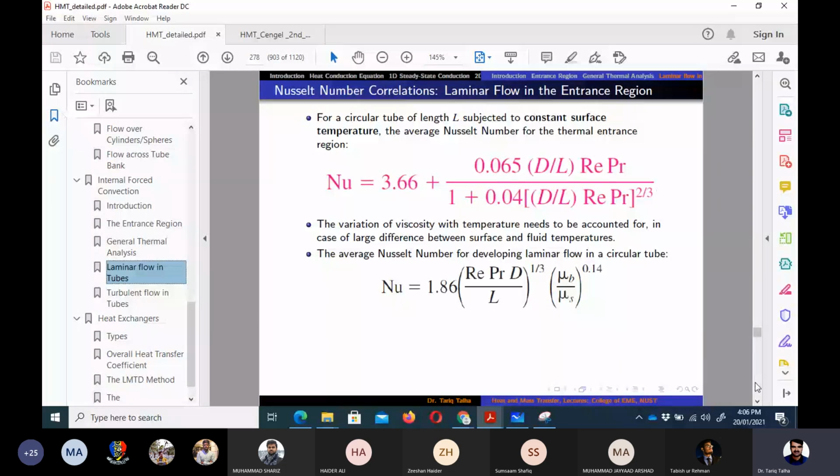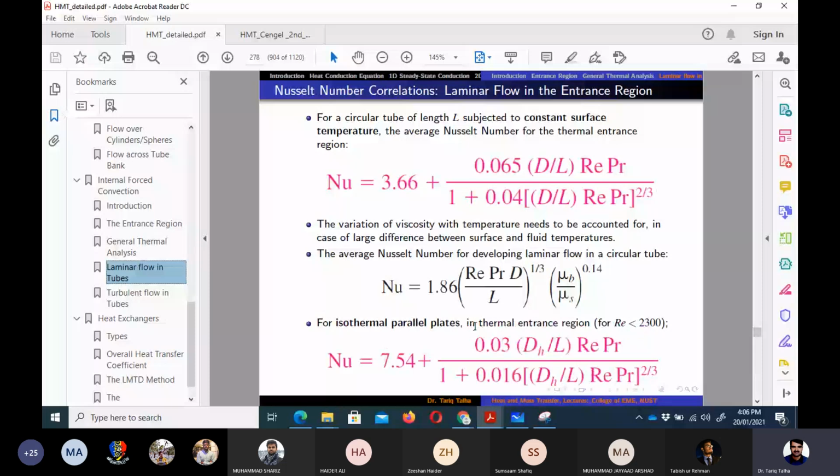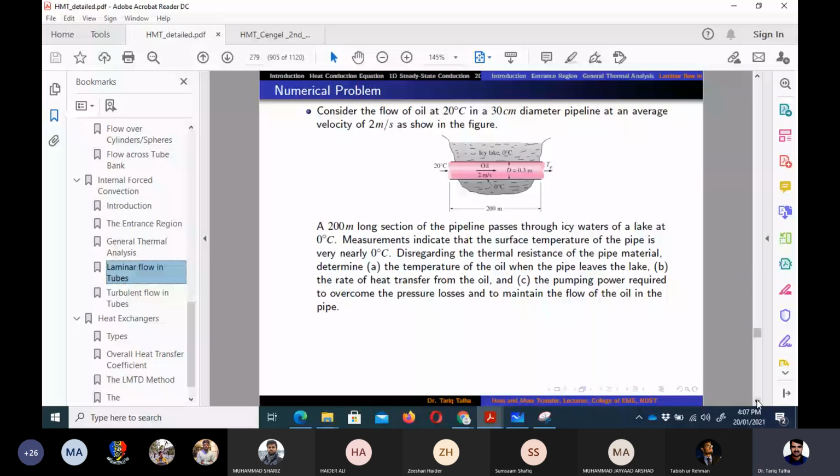And then for isothermal parallel plates, we only discussed the pipe here, but if we have two parallel isothermal plates, then we can get the Nusselt number by using this. And you can see here D_h, that is hydraulic diameter, which is 4 into cross sectional area divided by perimeter, right? So this is something which we have discussed.